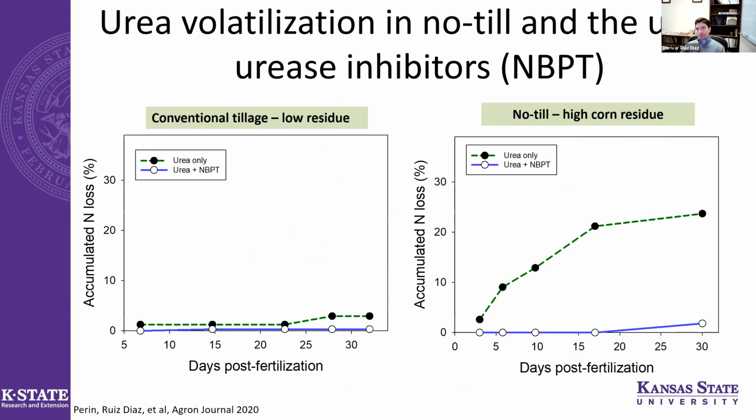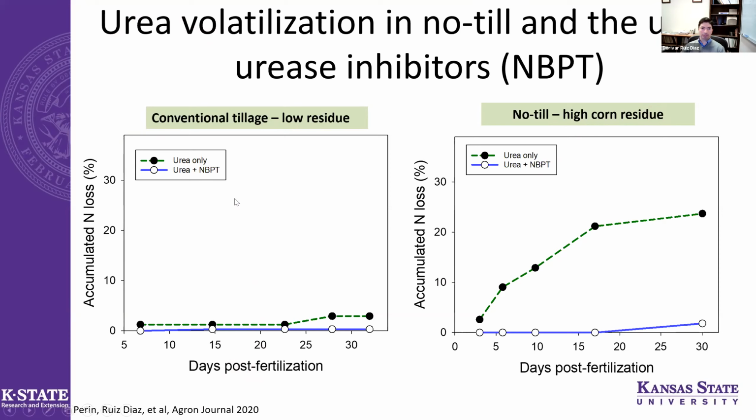Now, what about volatilization? This is a little bit different story. The earlier one was about nitrification inhibitors, trying to keep nitrogen in ammonium form. But the other potential loss is volatilization, and this is really urea. This study was just published last year in Agronomy Journal, looking at a couple of different scenarios: no-till, high residue corn with urea applied on the surface, and conventional tillage, basically no residue on the surface, with urea on the surface, with and without NBPT.